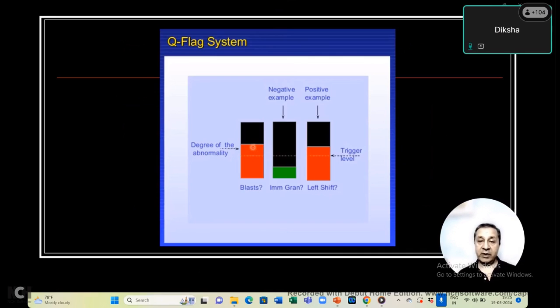The variability in the first one is higher, the variability in the second one is lower, and therefore, depending upon the variability or the level of abnormality, you are classifying two distinct aspects as two different things. For example, the one on the left-hand side is identifying this more as blast, while the one which you're seeing here is more of a left shift.